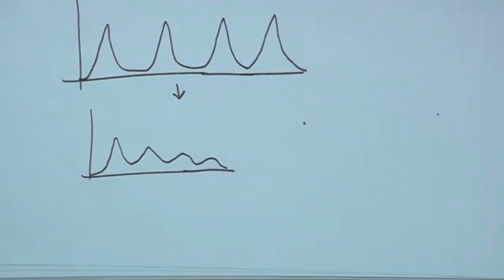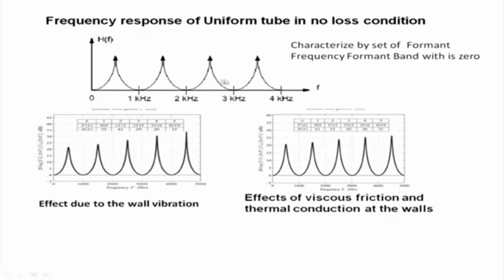Let me explain it here. This is the figure with the no loss condition at 500 Hz: infinite energy, 0 bandwidth. If I consider the wall vibration, the bandwidth increases, the amplitude slightly increases in high frequency, and the bandwidth in the low frequency is much more.